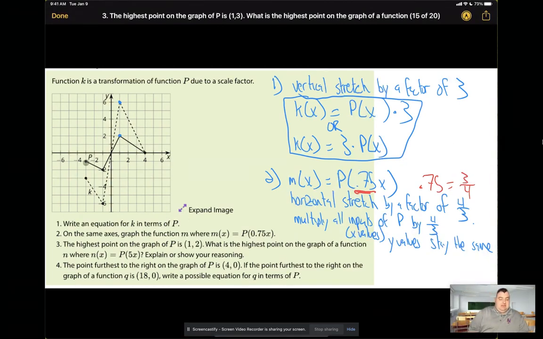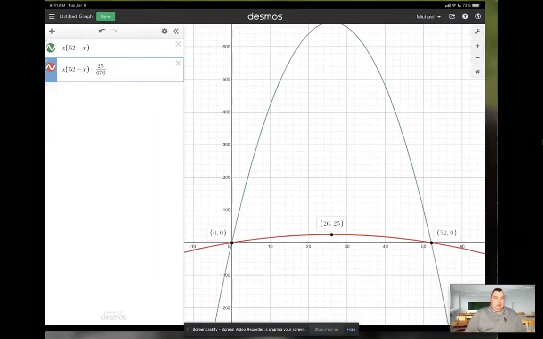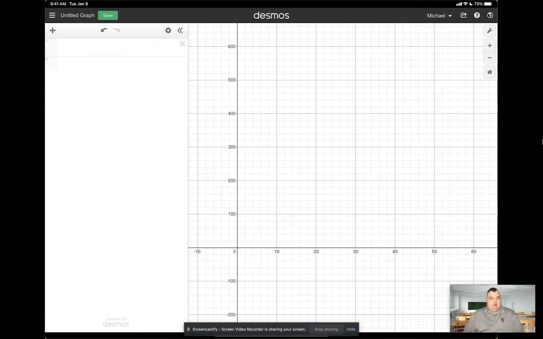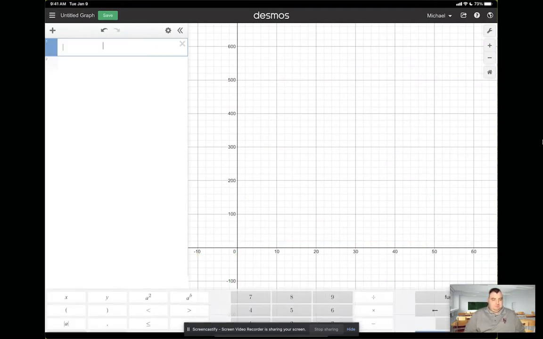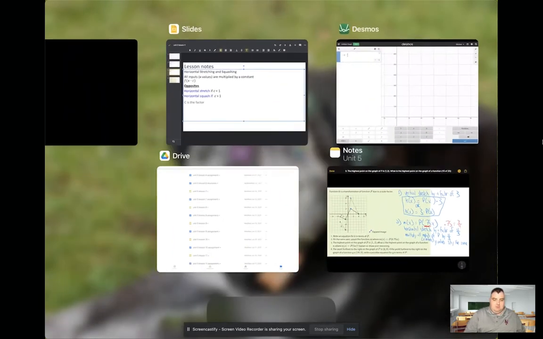So for example, in this leftmost point here in P, I'm going to keep the Y value at -1, but my X value is -3. So I'm going to multiply -3 times 4/3, and I get -4.